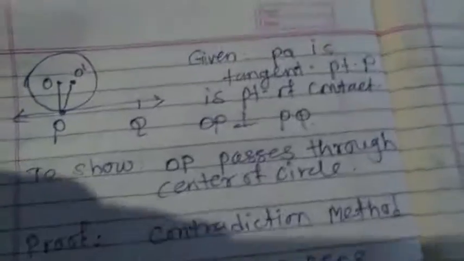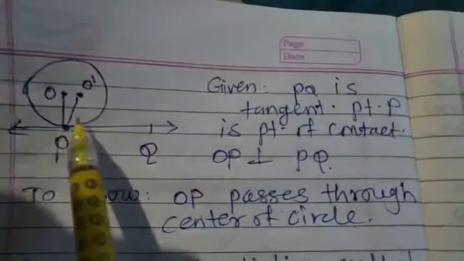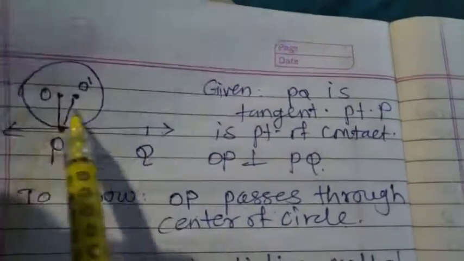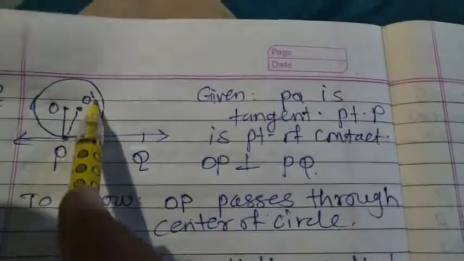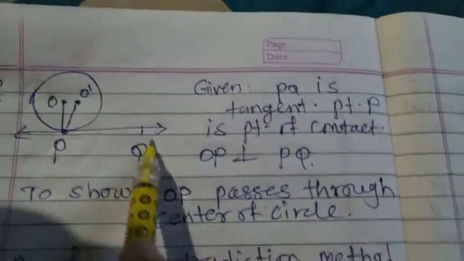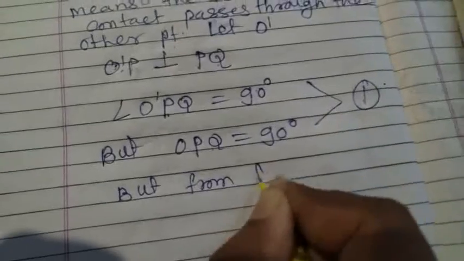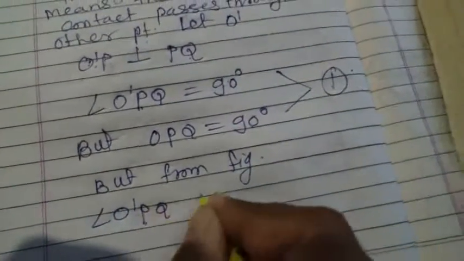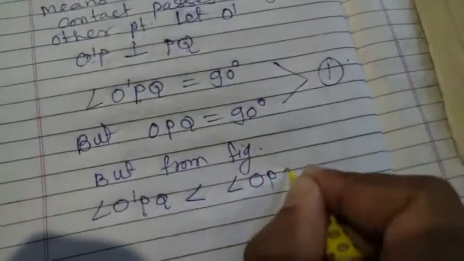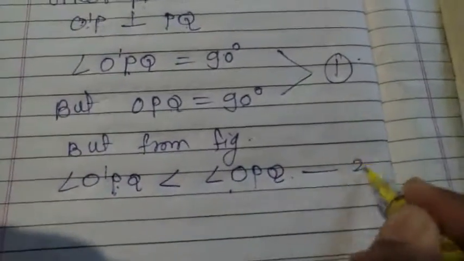Now from the figure, see the figure. If you consider the position of angle O dash PQ and angle OPQ in the figure, at that time you will get angle O dash PQ is less than angle OPQ. This is statement 2.